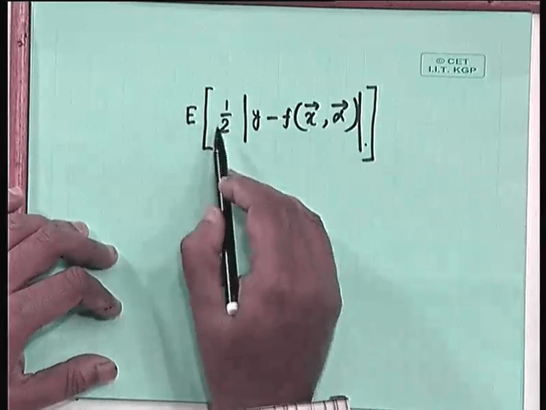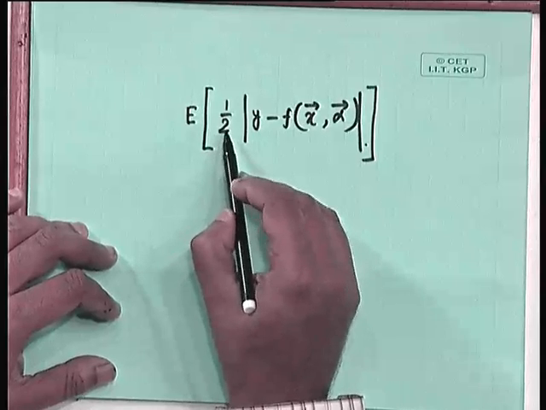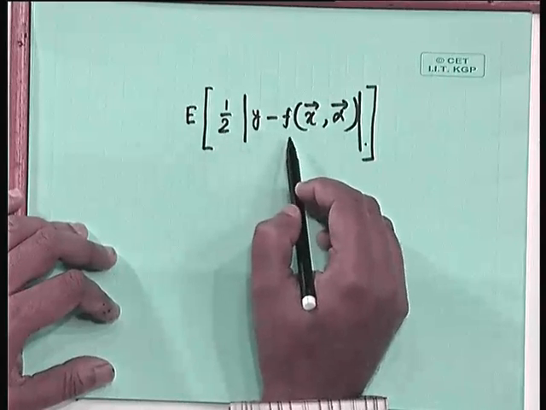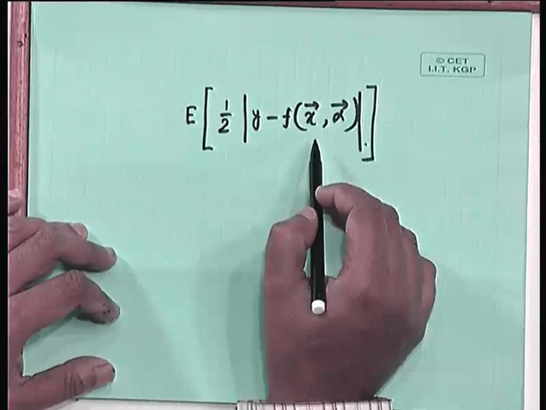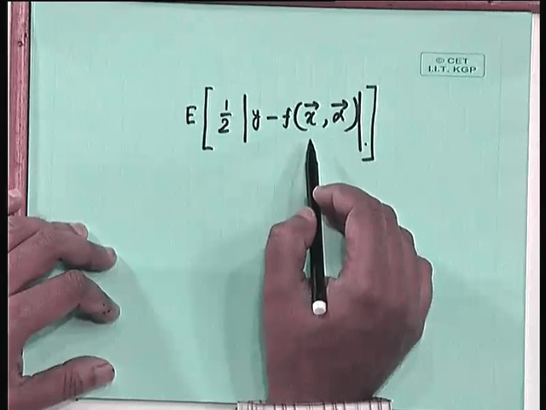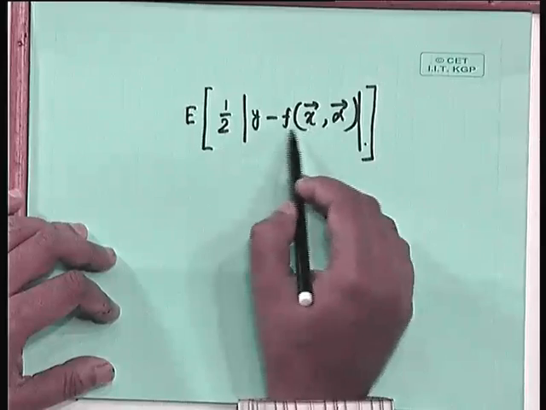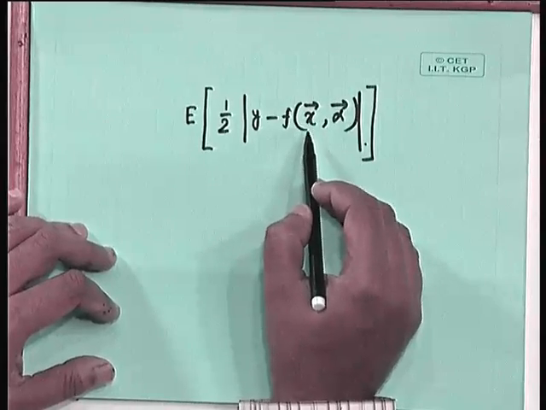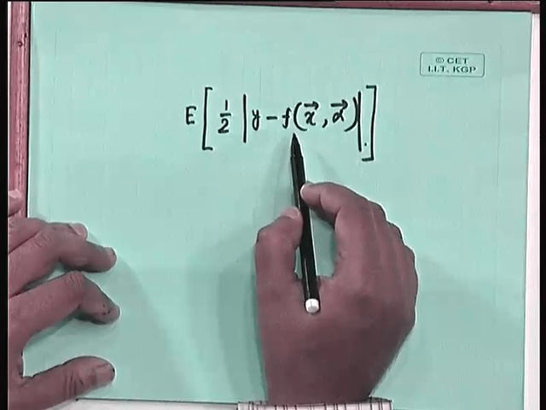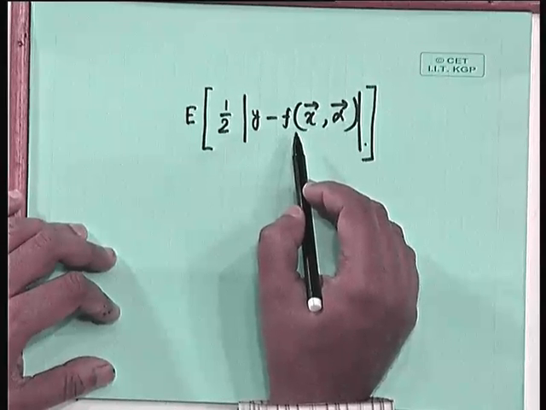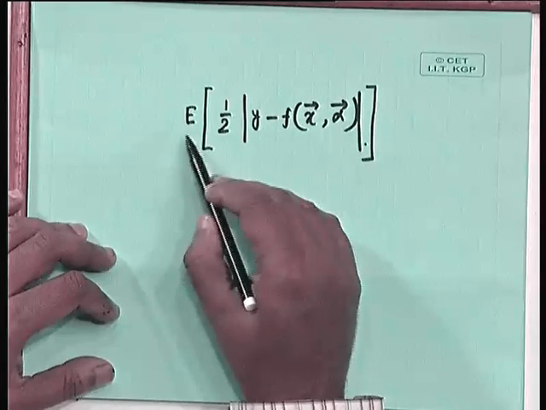If I take the expectation of half into mod of y minus f of this, and assume that y could take a value equal to plus 1 or minus 1, that means if y is equal to plus 1 and f of x alpha is also plus 1, in that case it is indicating a correct classification, in which case this will be equal to the expectation of this.